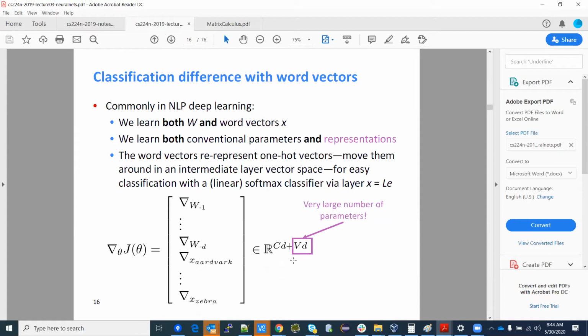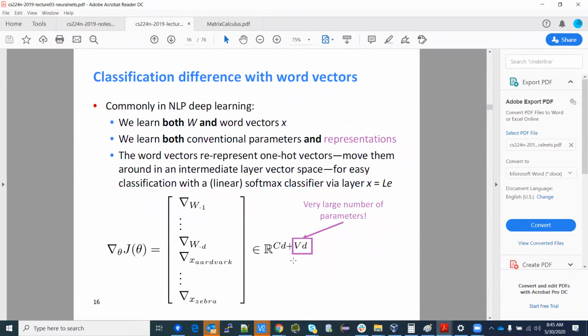The first part, all the way from W.1 to W.D, is the derivative with respect to W, which are the weights. And the second set is the gradient with respect to X, that is, delta X from aardvark to zebra.